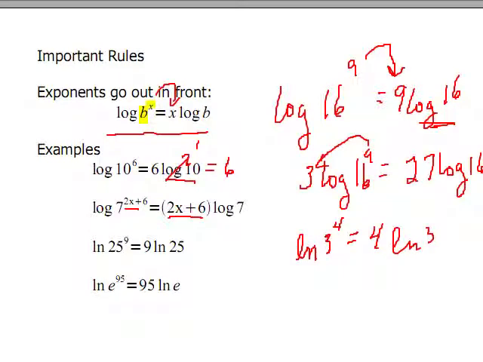And log 7 is a button on your calculator, and you can work that out. Natural log of 25 to the 9, the 9 comes out in front. These are just examples with natural log. And here we have natural log of e raised to the 95th power. The 95 comes out in front, but natural log of e is 1, so the whole answer here is 95.